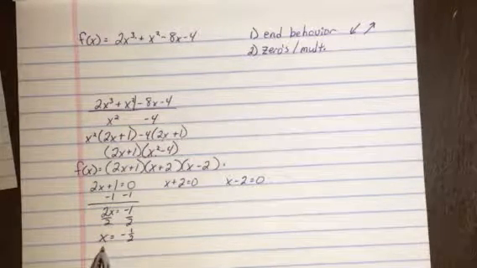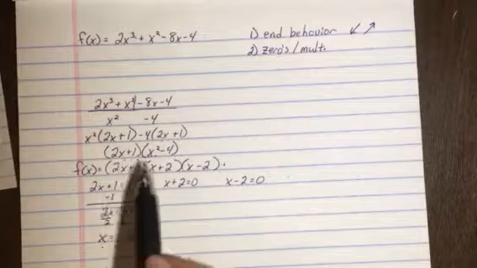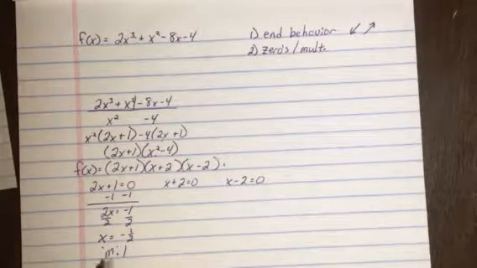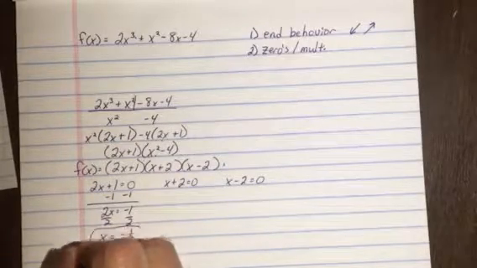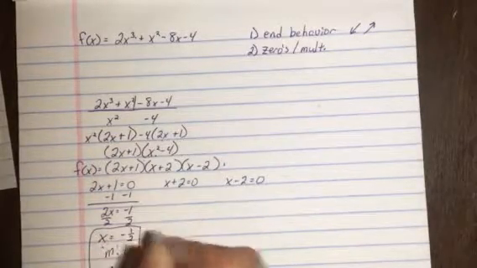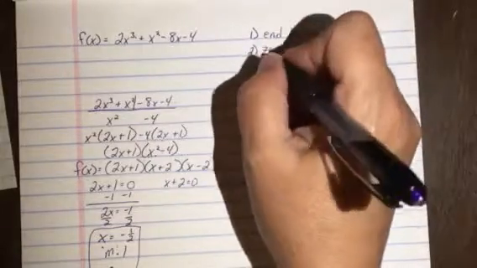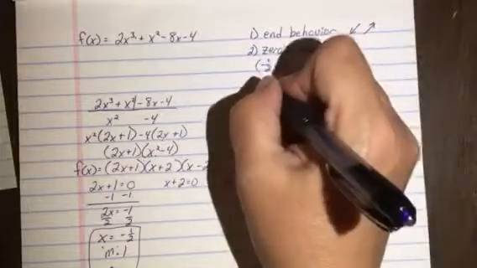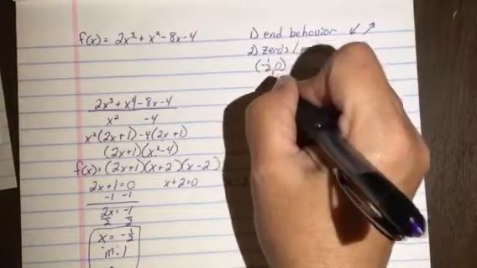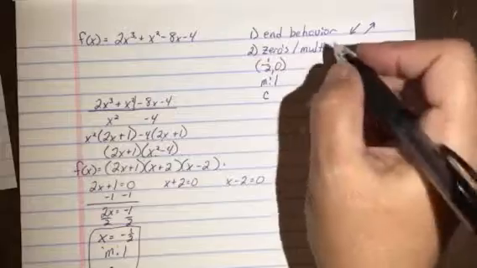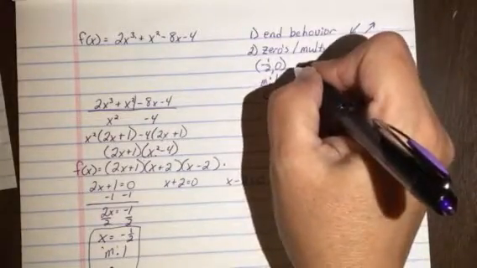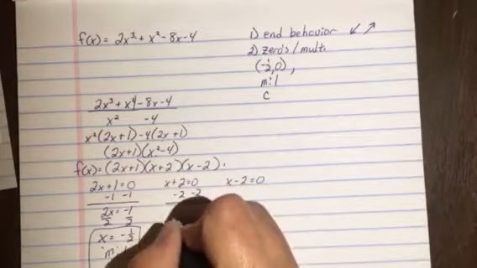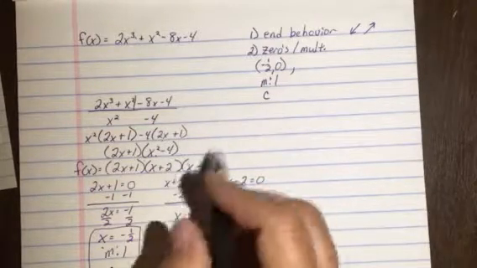And looking at this, multiplicity is a 1, which is odd. That means he crosses. So my first zero is negative 1/2, comma 0. M colon 1, we have a cross. Next one, subtract 2, I get x equals negative 2.